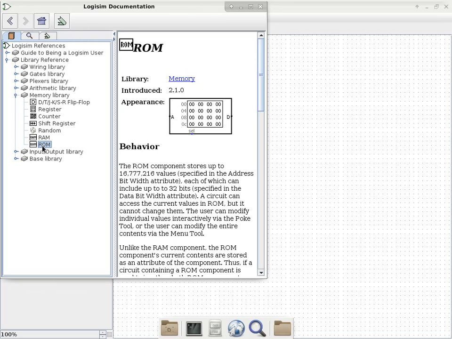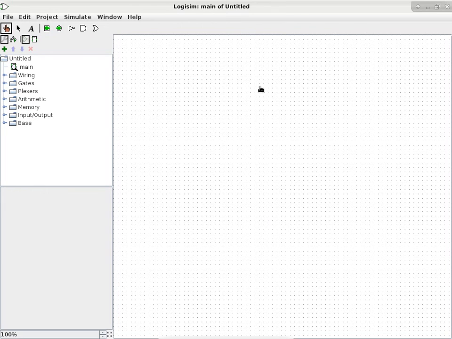This is how ROM looks in Logic Sim, and it has A on the left-hand side. This A is called the address bus. This D is called the data bus, or data access, and SEL stands for select. So what we'll do today is go through a few exercises making use of the ROM chip and see what we can do with it.